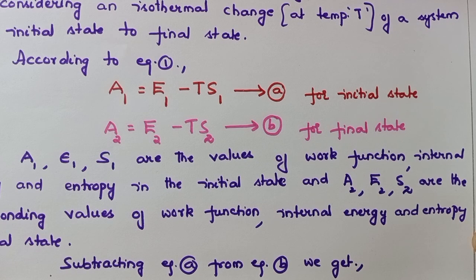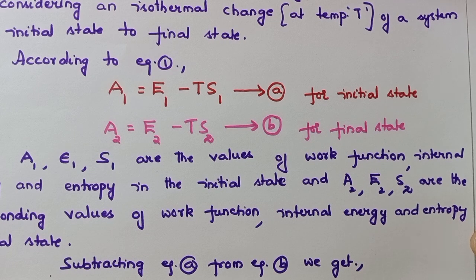Then this step, subtracting equation A from equation B. How will you write? Left side you will write A2 minus A1 is equal to, in brackets, E2 minus TS2, minus, in brackets, E1 minus TS1.